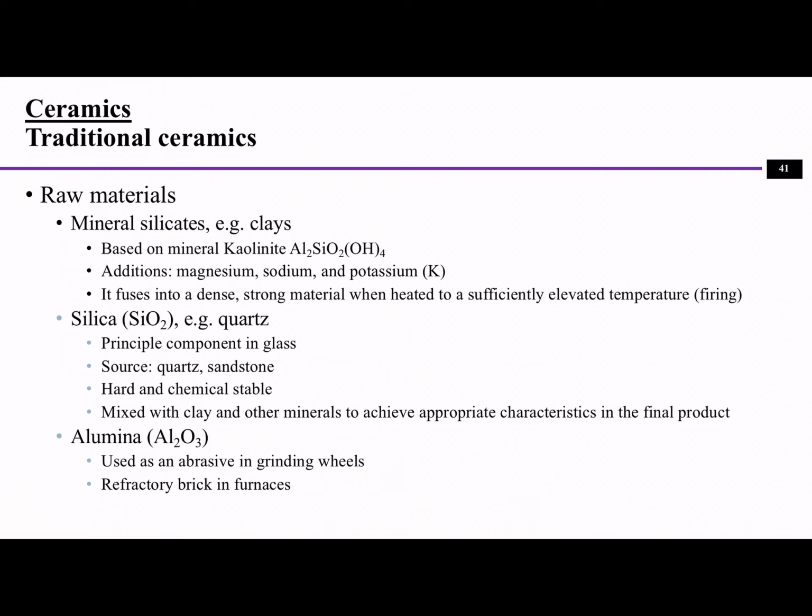The raw materials for ceramics are usually silicates, silica, and alumina. These are the typical raw materials for making ceramic parts.